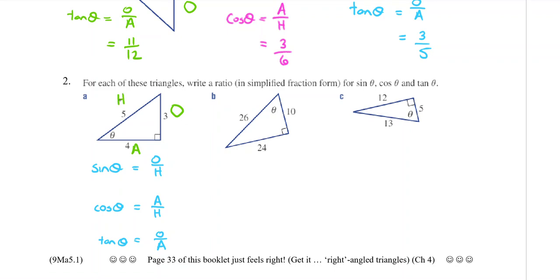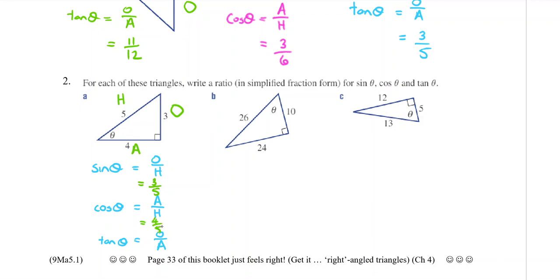Okay, so if I want to know sine here, sine is the O over the H. So the O over the 5, so 3 over the 5. But I don't need that for sine. I need the next one because cos is A over H, so A is 4 over 5.